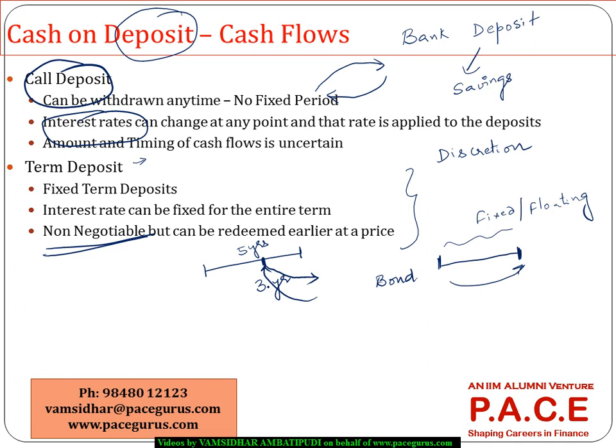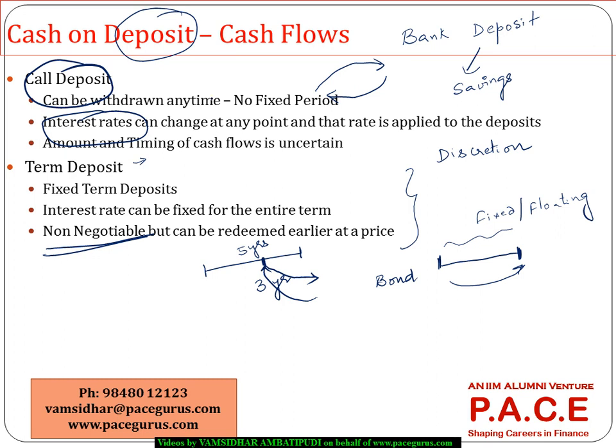The only thing is probably I can exit out of it by having a discussion with the bank and paying a price for it. I can very well try to exit out of those fixed deposits. That is the way the cash flows with respect to the fixed deposits look. For call deposits, the amount and timing, both of them are not known.